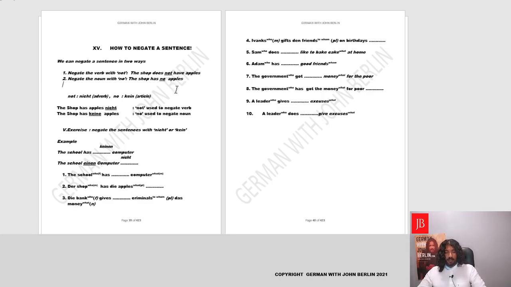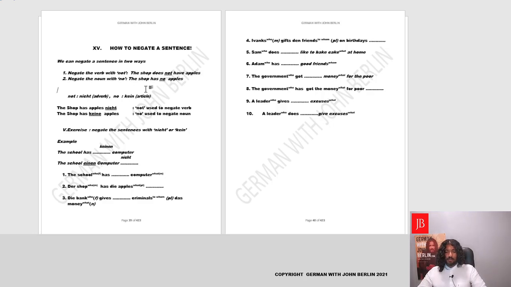There's an alternative. I could rather say the shop has no apples, in which I use no, which is a negative article which we learned earlier, and I negate the noun apples. In both cases, either I negate the verb or the noun, the sentence gets negated.